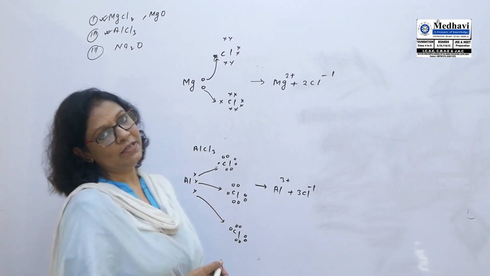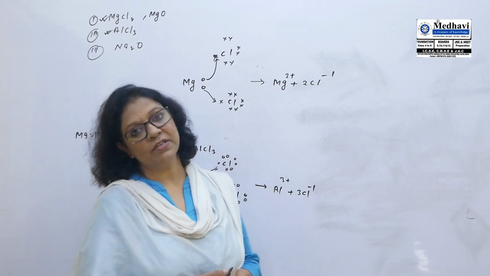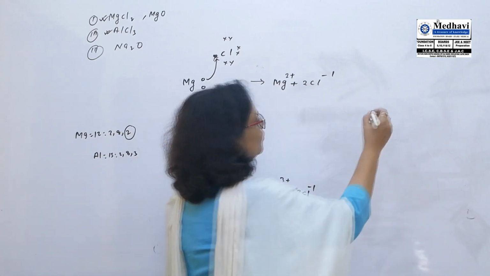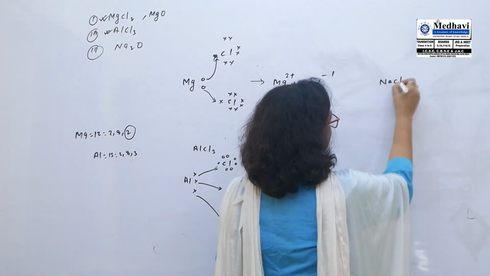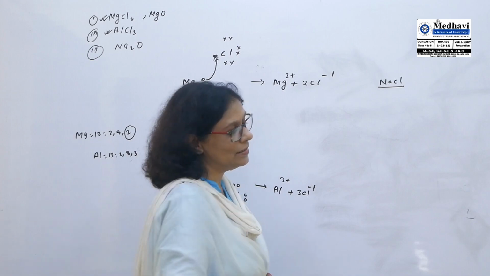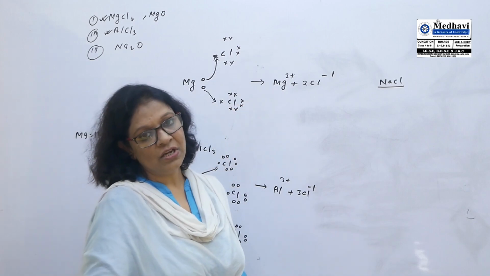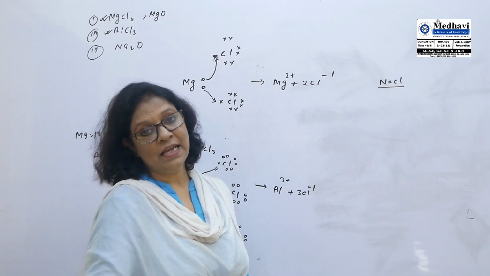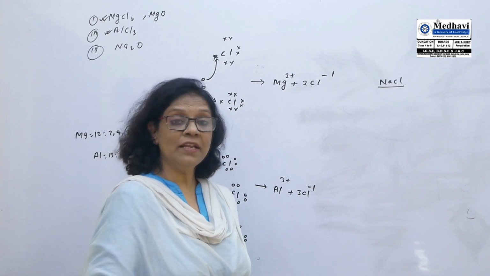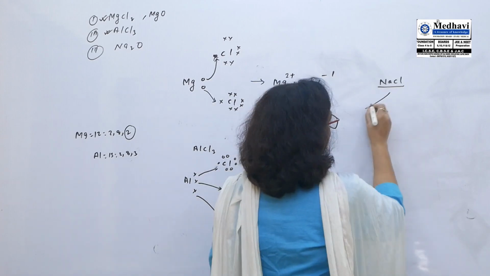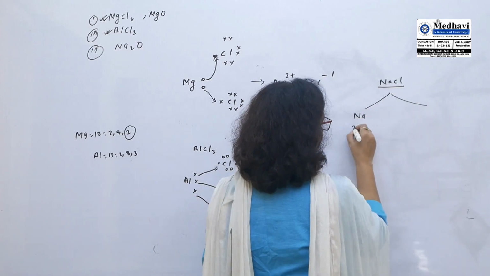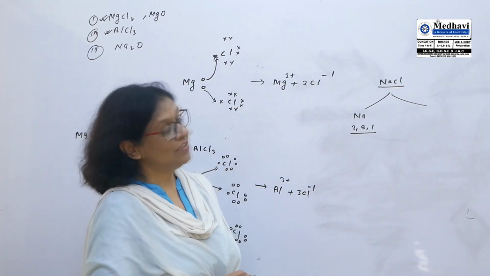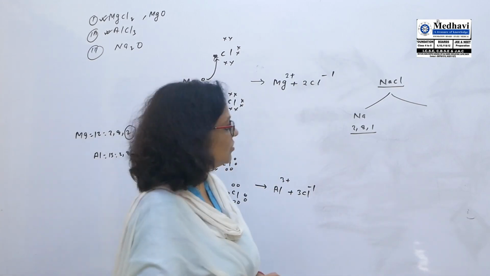I have given many examples of dot structure. One example of an orbital diagram I also want to explain. When we show an orbital diagram, we draw the orbits where electrons are present, and we show the number of electrons in each orbit. For example, NaCl: Na has 3 orbits. In the first orbit 2 electrons, in the second orbit 8 electrons, in the third orbit 1 electron.